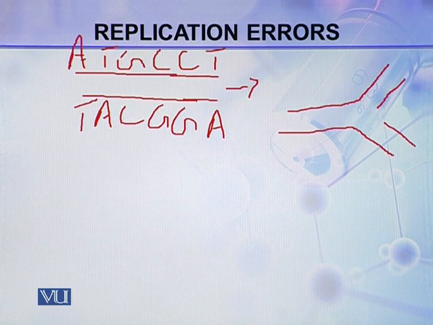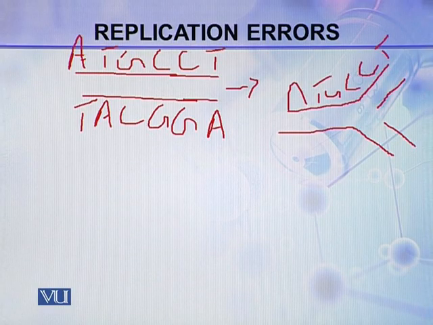So for example, we say here is T and then C, C, G, T, A.